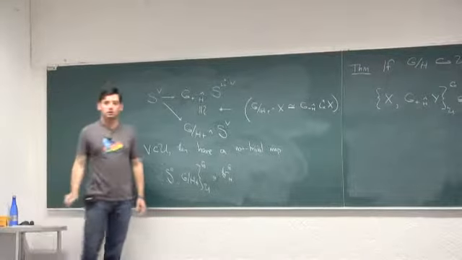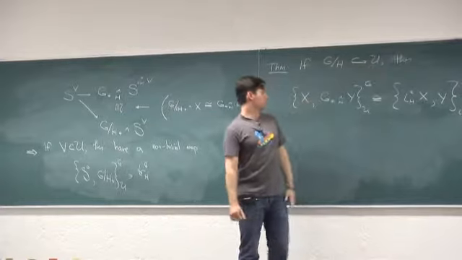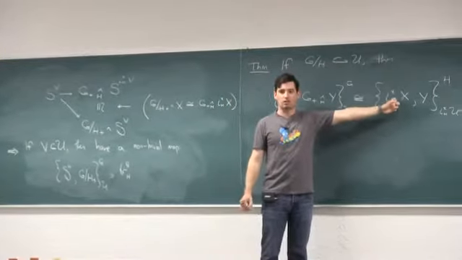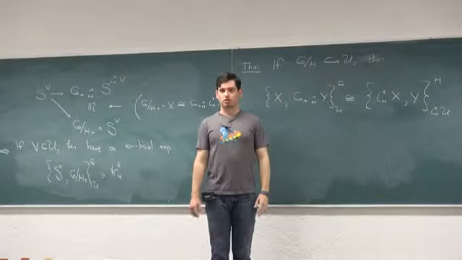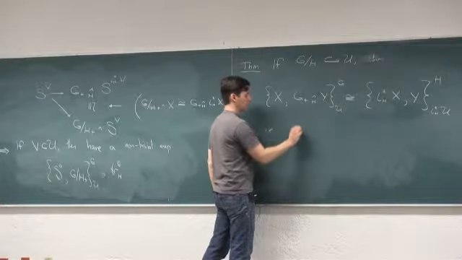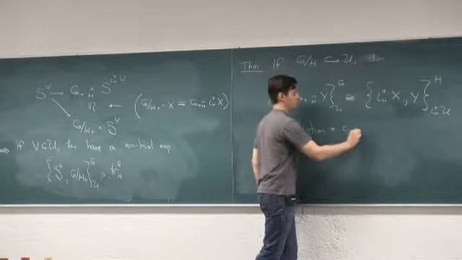So in other words, stably, once G mod H embeds into the universe, induction, which was the left adjoint to i_H upper star, is also the right adjoint to i_H upper star, i.e. induction equals co-induction.